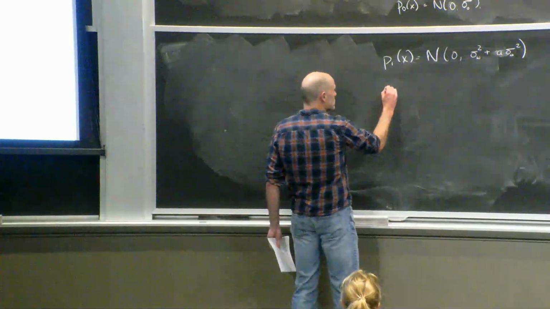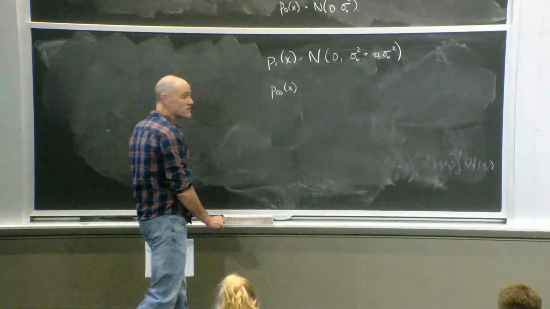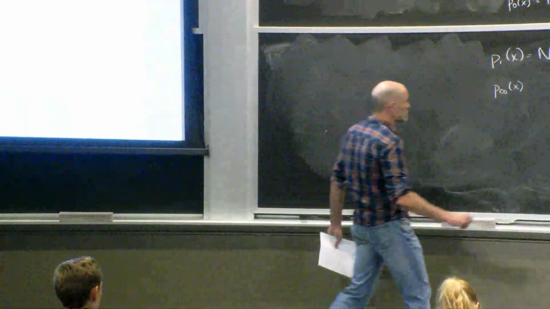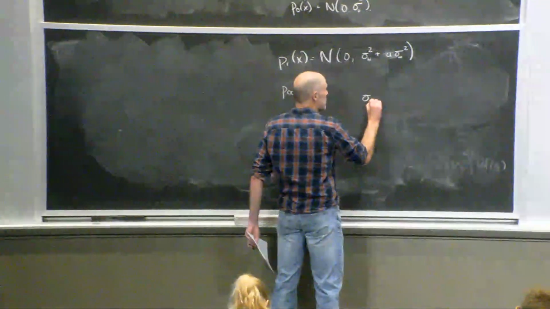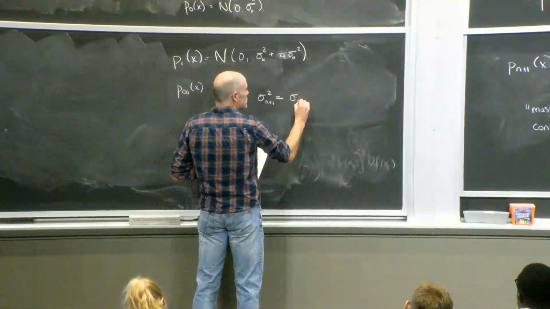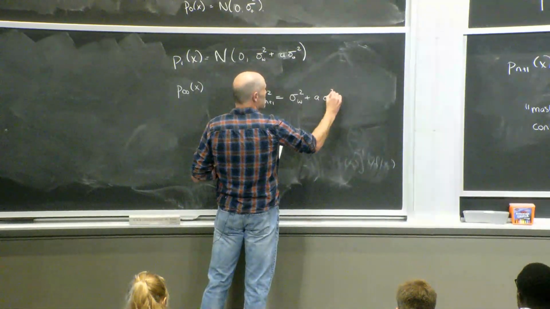And what's awesome is that if you keep iterating that, then you can solve for the stationary distribution of this. Basically, you get sigma n plus 1 squared is always sigma w squared plus A sigma n squared.